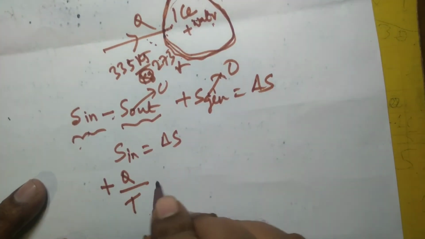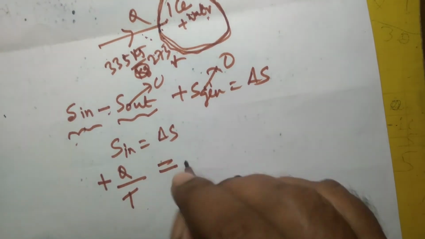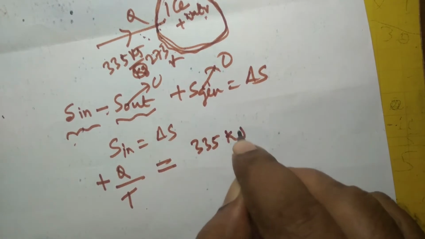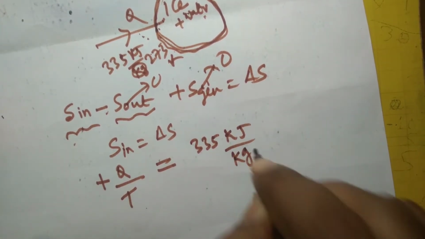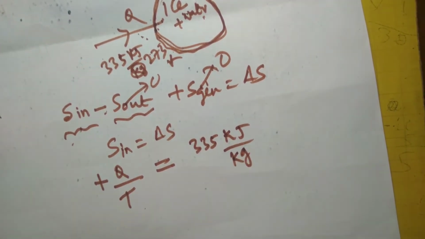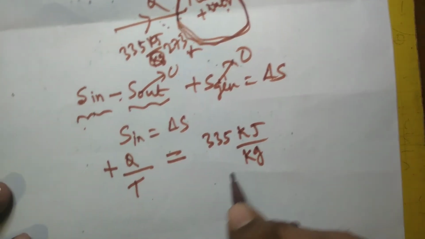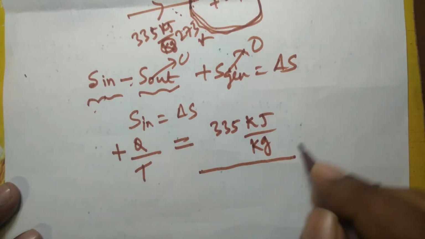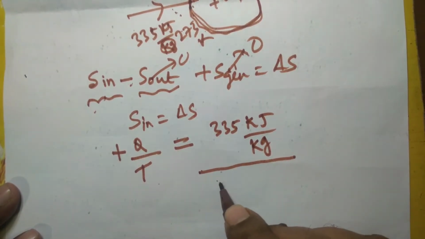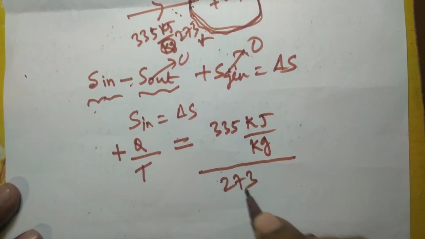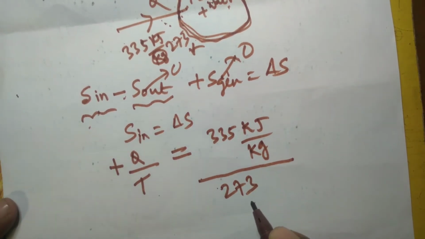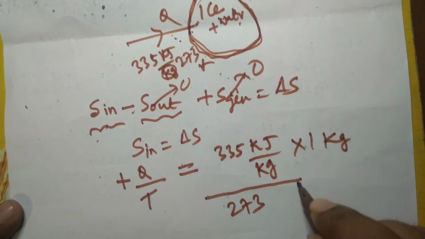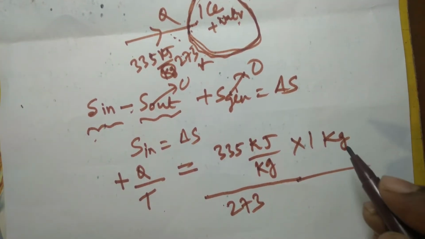So the entropy change in this case will be 335, because this amount of heat is required at 0 degrees Celsius to convert 1 kg of ice into water, divided by 273, and mass is of course 1 kg, and entropy is an extensive property.